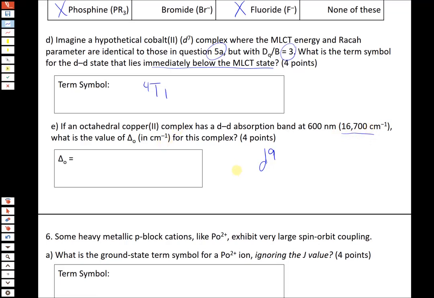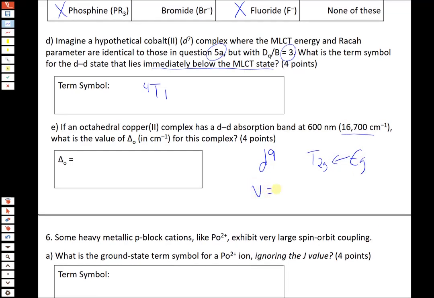Well, for D9 compounds, you only have one transition, which is Eg to T2g, and that one transition has a frequency or an energy that's equal to delta O. So if you observe a transition at 16,700 wave numbers for a D9 compound, that means the delta O is exactly that value. So there was no math, no thinking, no Tanabe-Sugano diagram involved because it's D9. It's just recognizing that relationship there.